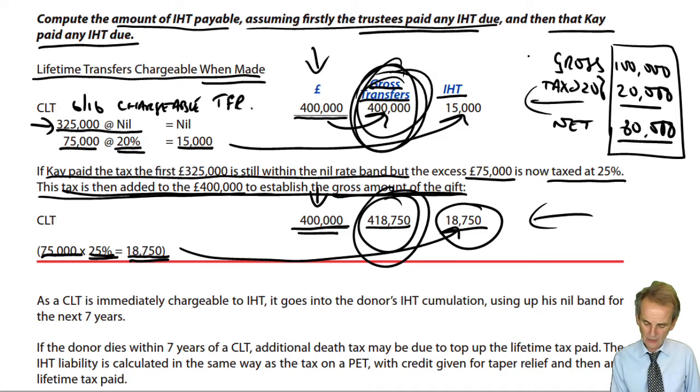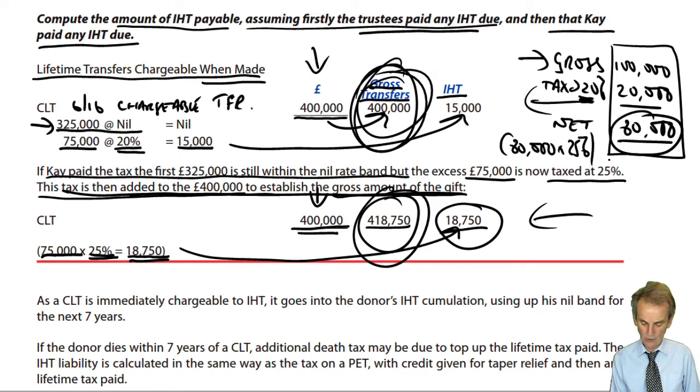If therefore I'm given a gross figure to compute the tax, I tax at 20%. If what I've been given is a net figure, how do I get that tax? I don't take 20% of 80,000. 80,000 is times by 25%, which of course would then equal £20,000, and there is the self-same tax figure.